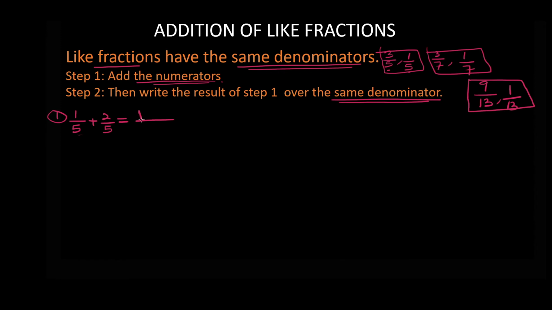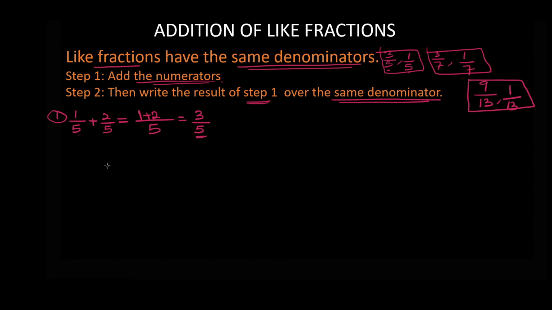So that's going to give me 1 plus 2. And then step 2 says write the result of step 1 over the same denominator. The denominator is 5, so this is over 5. In that case, 1 plus 2 is 3 over 5.